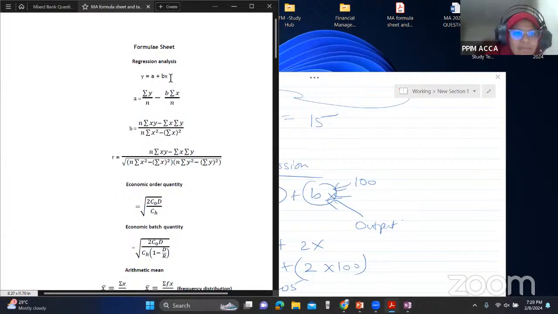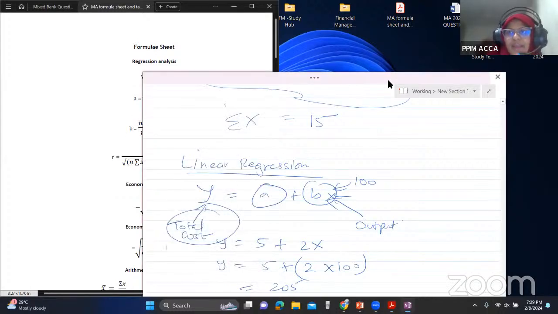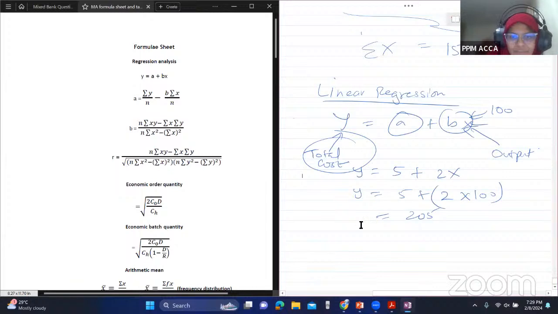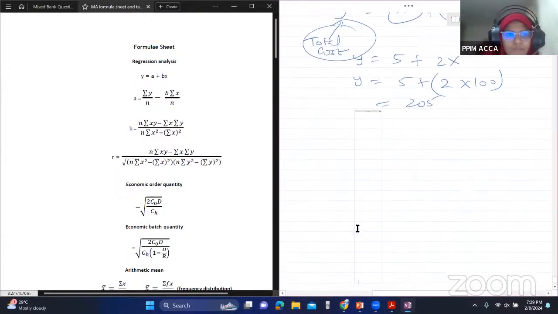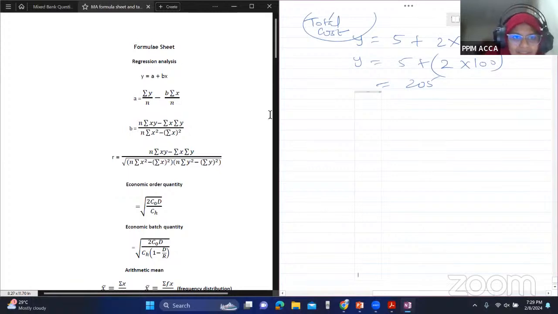So y equals a plus bx, a is this and b is this. You don't have to think too much. You can just put in whatever figures they give you into the equations to get the value of a and b. Now, what you have to understand is, to get a, you need b. So first you have to do b. Once you get the answer for b, only then can you do a. So let me quickly do that.